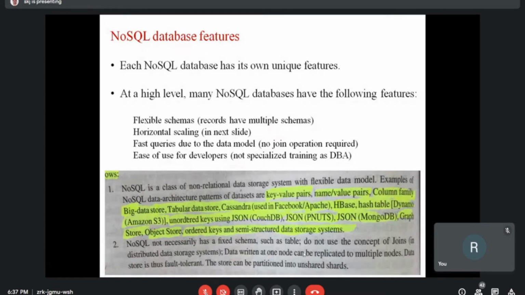Something is written here, I will read it. NoSQL is a class of non-relational data storage systems with flexible data models.